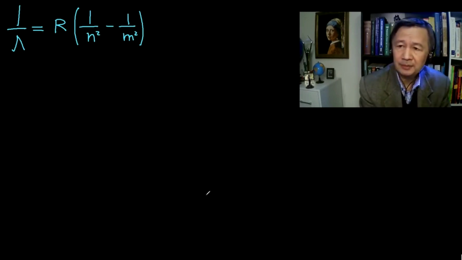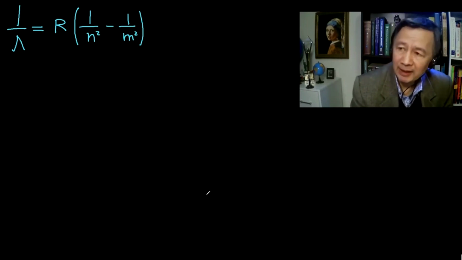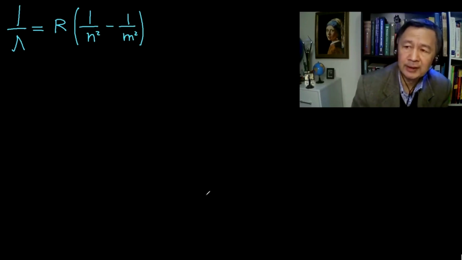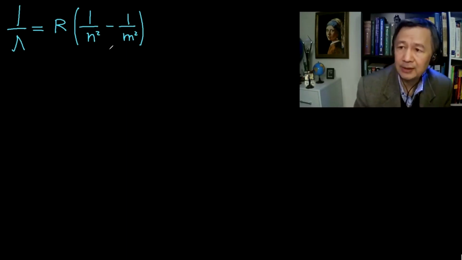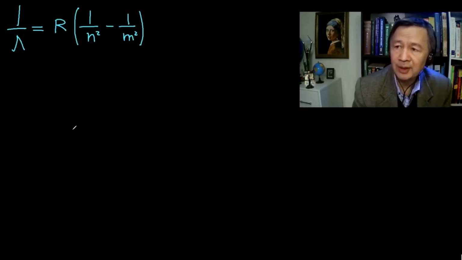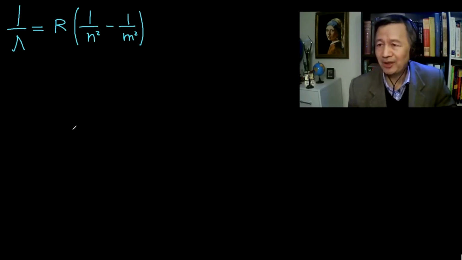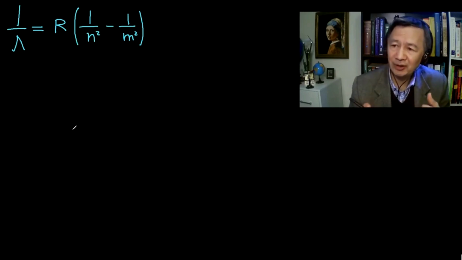But in my opinion, as I have observed over the years, if you can incorporate the quantum idea, namely Planck's formula, into this Rydberg equation, then you can go very close to Bohr's ideas.